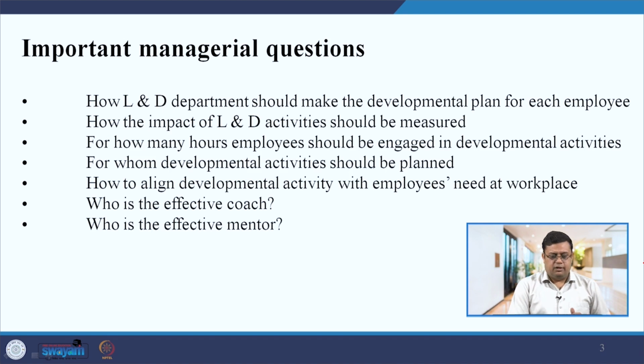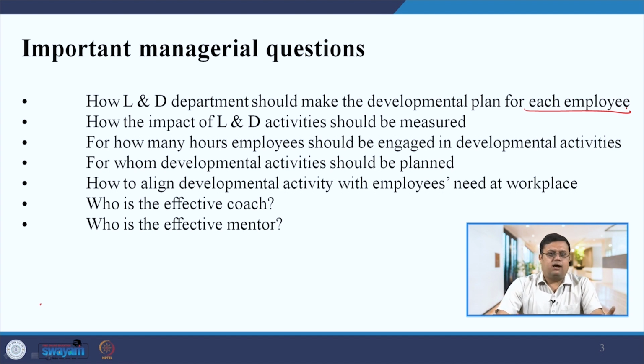So, what are the important questions that you will see? Questions like how the learning and development department should make the developmental plan for each employee, because those days are gone when employees used to be developed together, right.